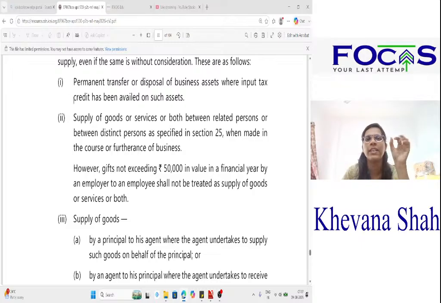The first one is permanent transfer or disposal of business assets where input tax credit has been availed on such assets. So we have seen in the previous class that if you are permanently disposing of a business asset on which ITC has been availed, then even if this is done without consideration, it will constitute supply.